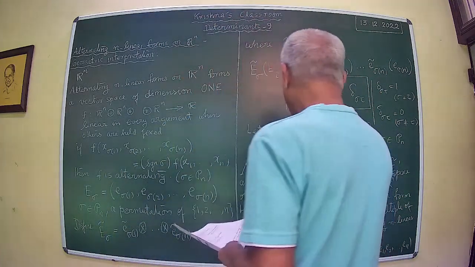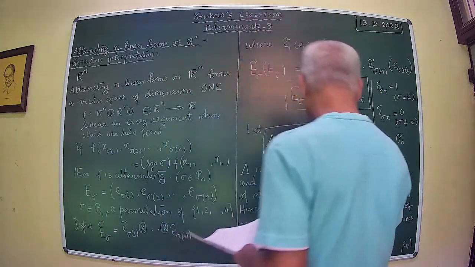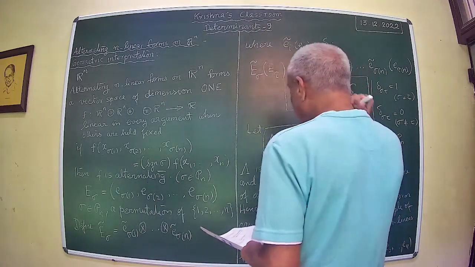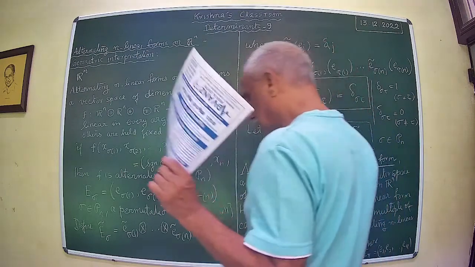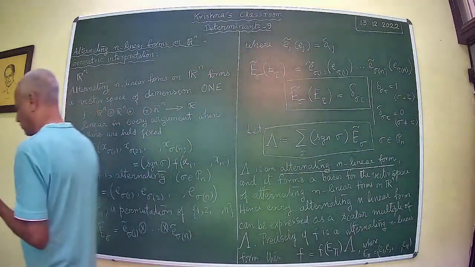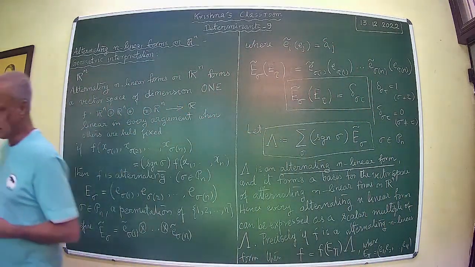And every element of that can be expressed as a scalar multiple of lambda. Now this is precisely what we have proved so far in the last lecture.